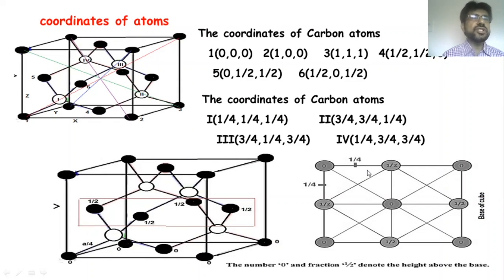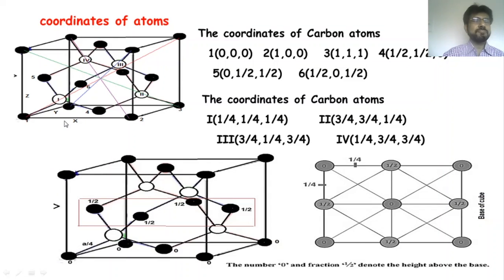Now we are going to see the position of the atoms present in the unit cell, or simply the fractional coordinates of the atoms. Now the coordinates of the carbon atoms. Here I have given the numbers. If we consider this is the origin, this is the x-axis, this is the y-axis, and this is the z-axis.